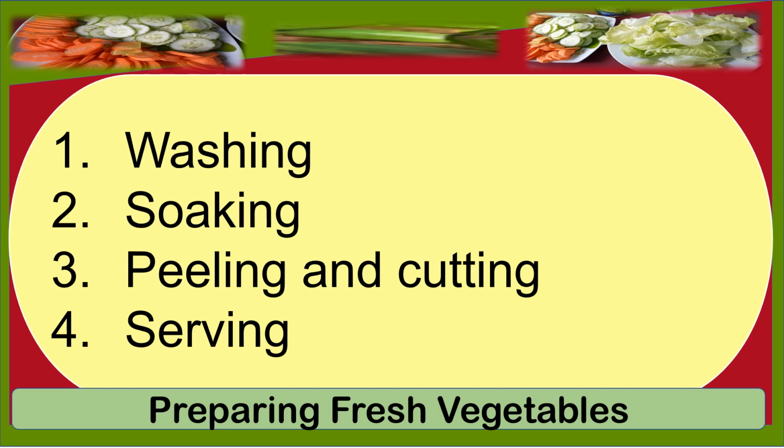Then after washing, drain well, refrigerate lightly, and of course you have to cover it to prevent drying. Number 2, soaking. Soaking is important, but still do not soak vegetables for long periods to prevent flavor and nutrient loss, right?